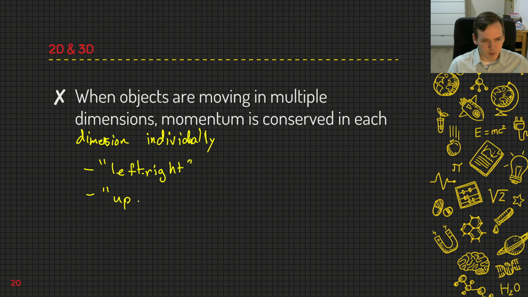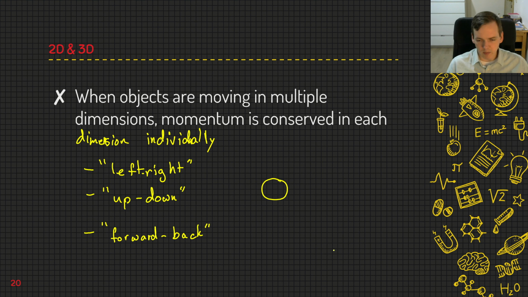The up-down momentum is conserved. And the forward-back momentum is conserved. Well, I'll sketch a 2D example here.